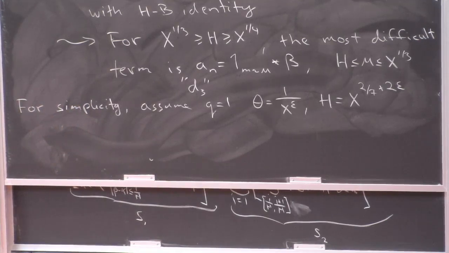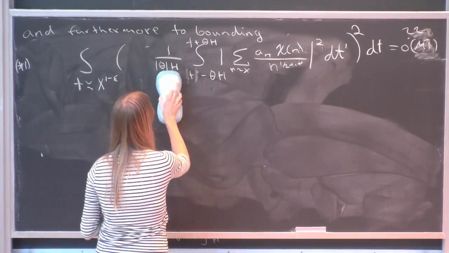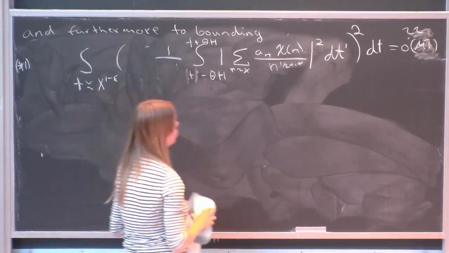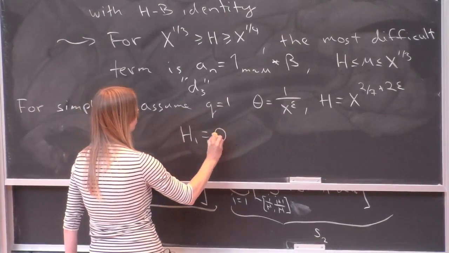Okay, let's remove this and go on to bounding this. So if we take q equal to 1, we can forget about this. We can forget about this. And if we take theta to be x to minus epsilon, we have here x to 1 minus epsilon. So let's write h1, theta, h.